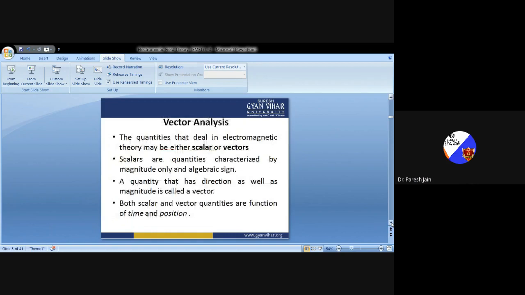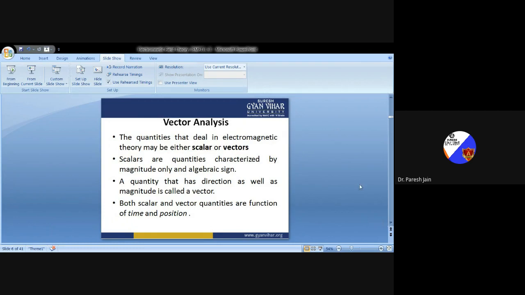Now I come to the topic, that is vector analysis. Everyone knows vector calculus, vector analysis. In first year engineering mathematics, you already studied vector calculus.